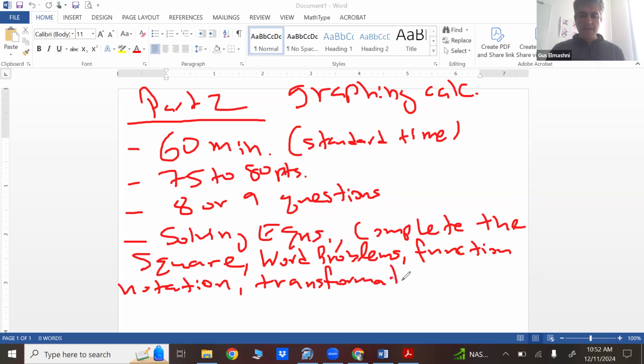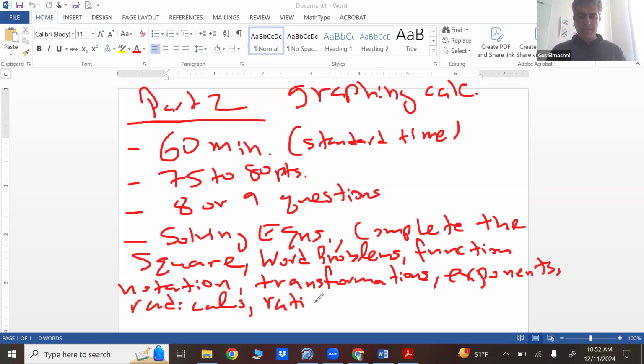We can still ask that. Ooh, exponents and radicals. I know that was kind of tricky for you guys. Rational expressions.